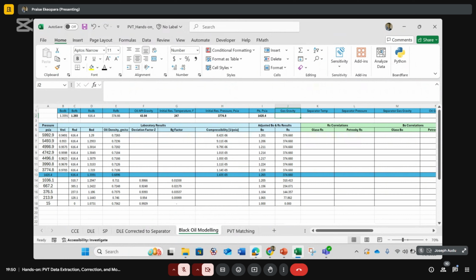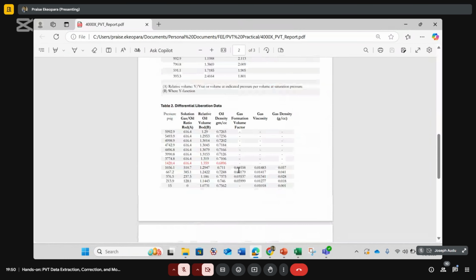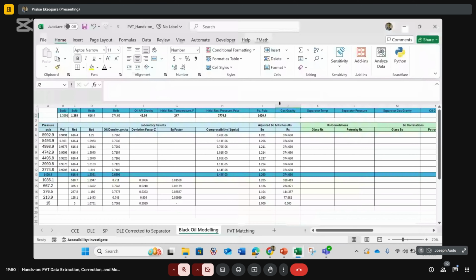Let me go back to our report because I'm noticing something here. What's our temperature here? Our temperature here is 120. Then our reservoir pressure, initial reservoir pressure is not actually that.